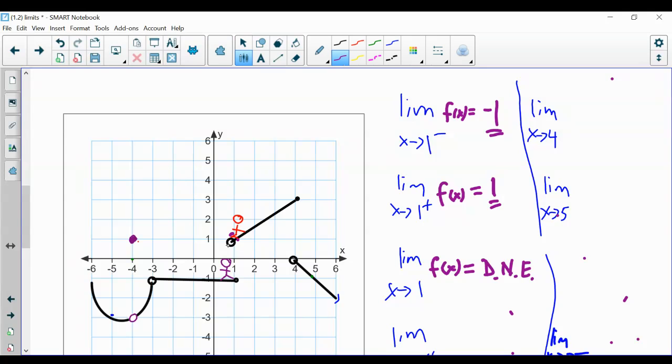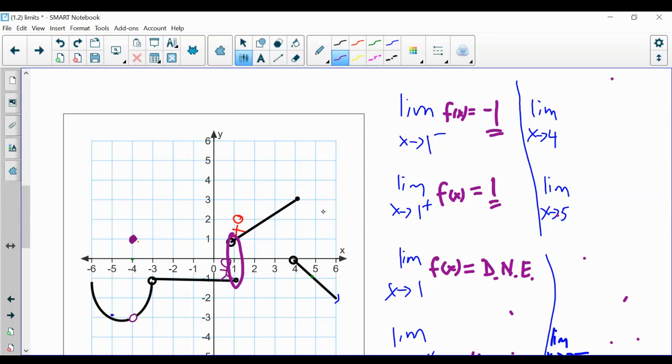Well, again, I see a jump right here at x equals 1. I also see a jump right here at x equals 4. So I know that the limit here should not exist because the left-sided y value here in this f of 4 does not equal the right-sided y value.